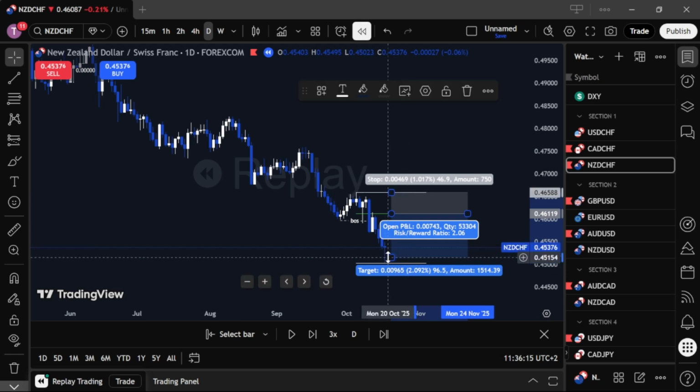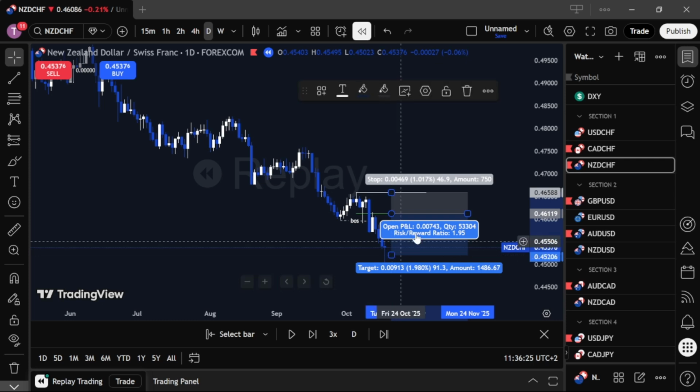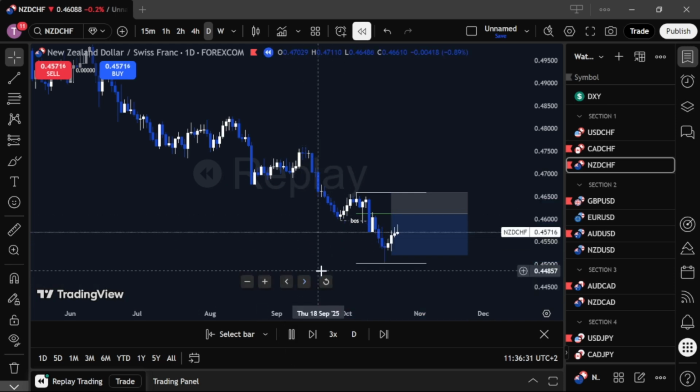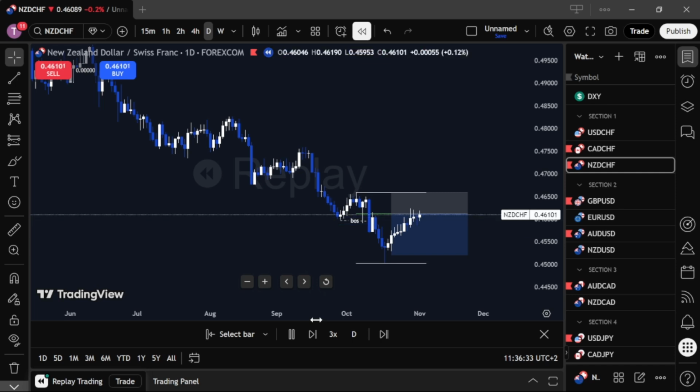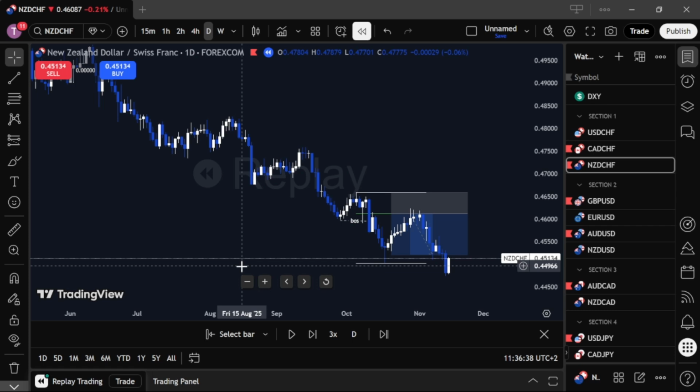As always, we aim for 1:2. I think that's about it. So let's see how the trade went. And as you can see, the trade was triggered and it all went to TP.